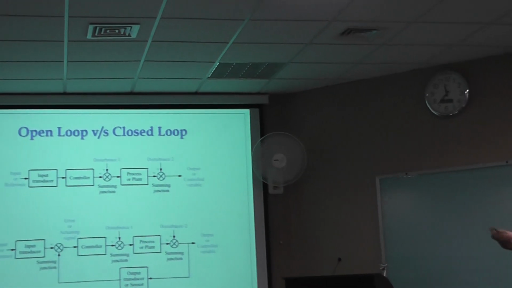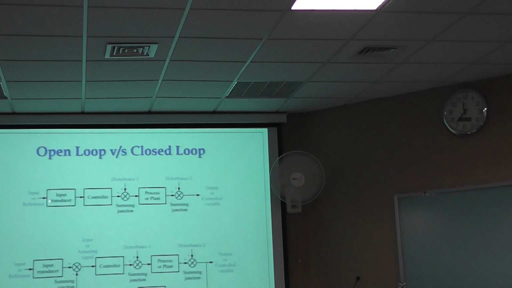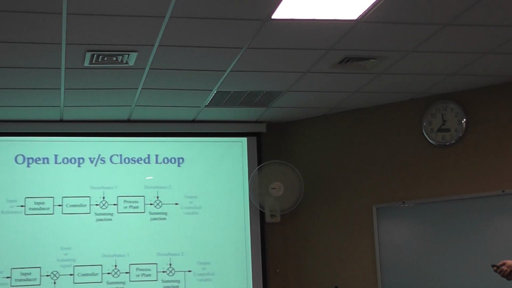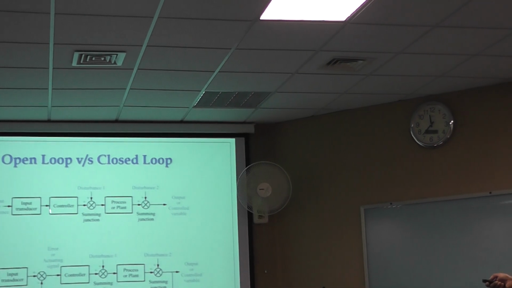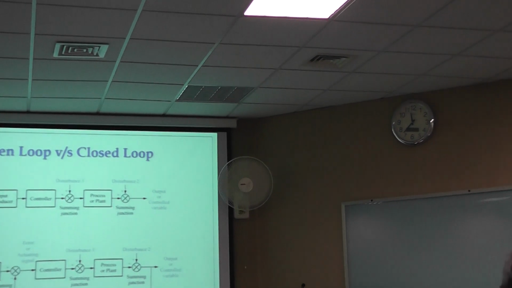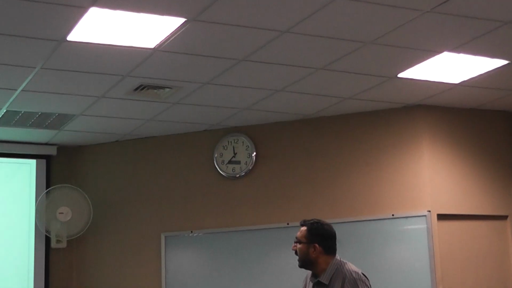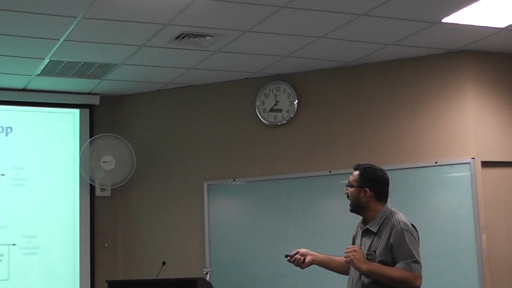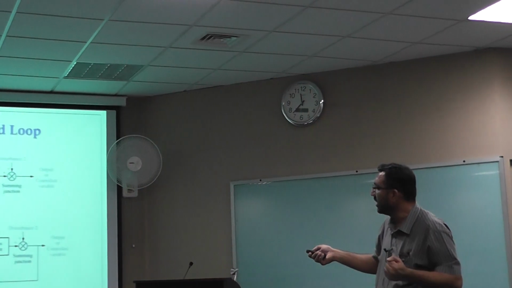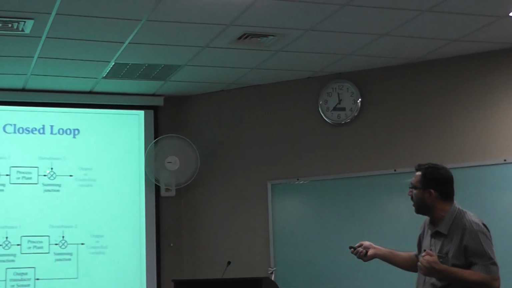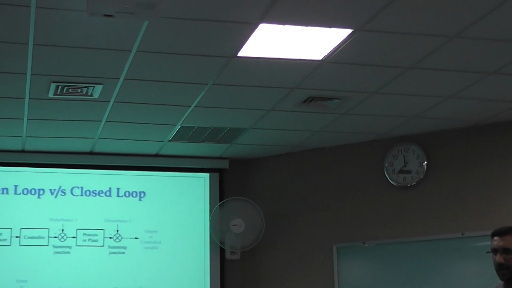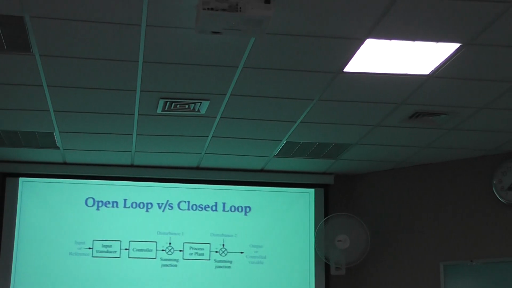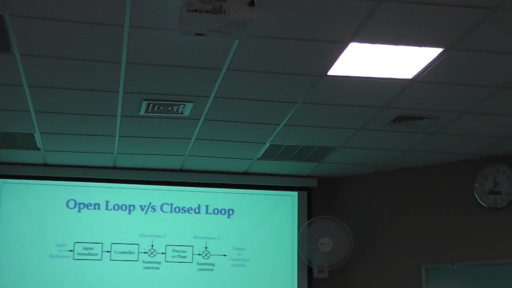Open loop versus closed loop is here. This is just one input and I get an output. Despite whatever disturbances I have, the controller may know about disturbance one a little bit or more, and disturbance two. Now this was an input disturbance and this is an output disturbance. So the controller may be designed once because it doesn't have information about the feedback.